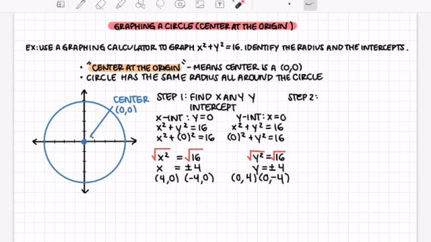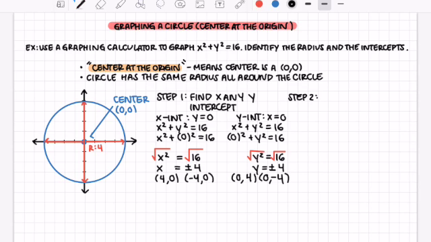And so from here, we can identify what our radius is. Starting from our center, we are moving 4 units to the right, 4 units up, 4 units to the left, and 4 units down. And so because of that, my radius is going to be 4.